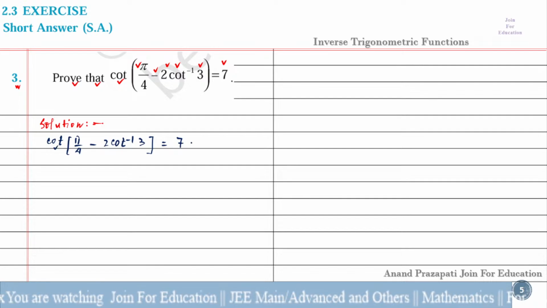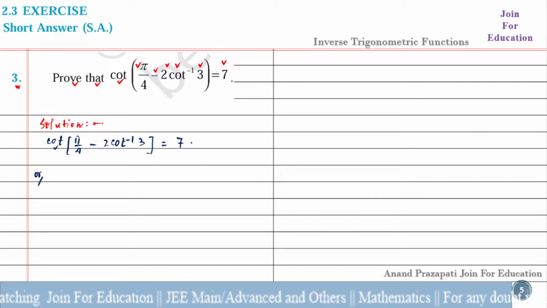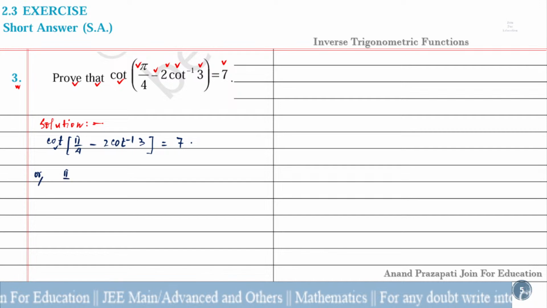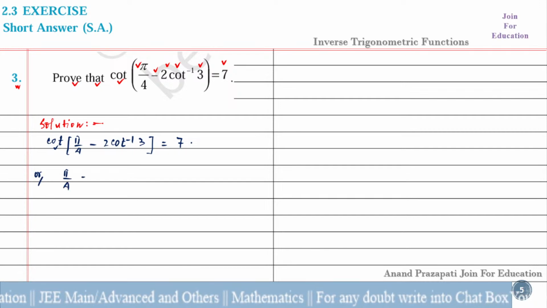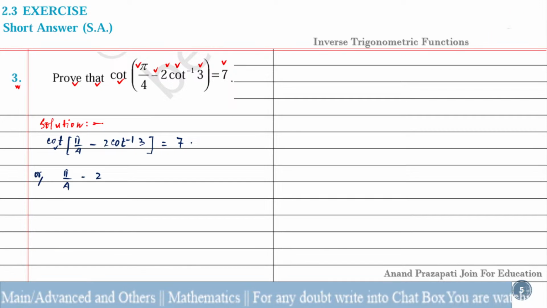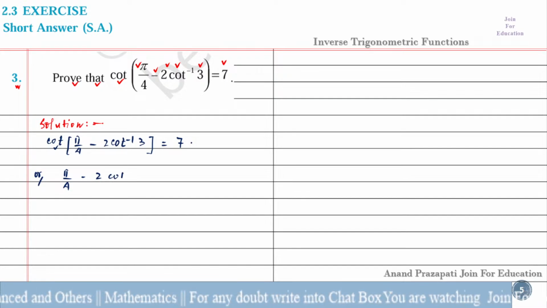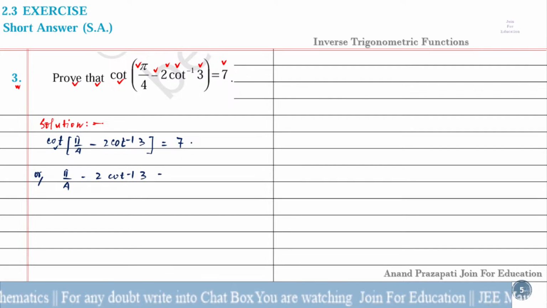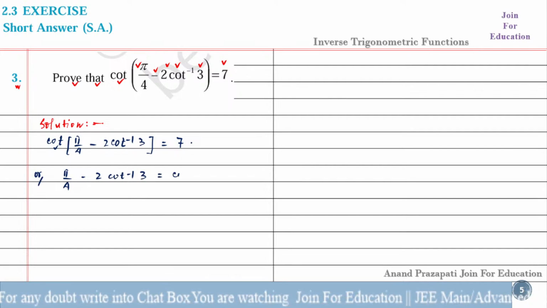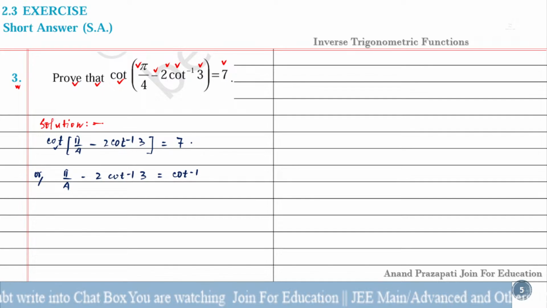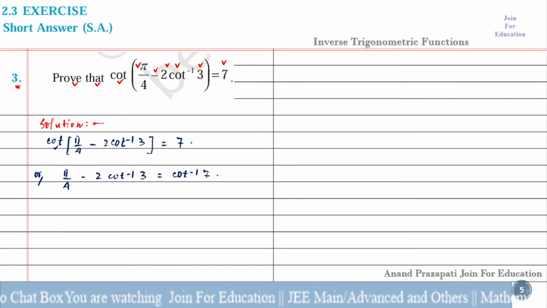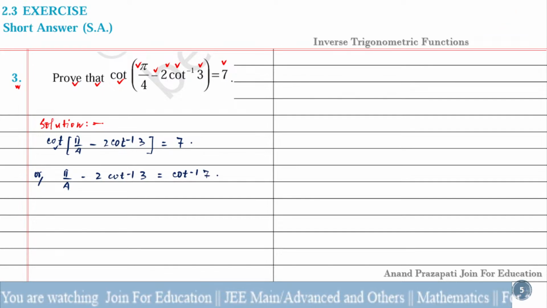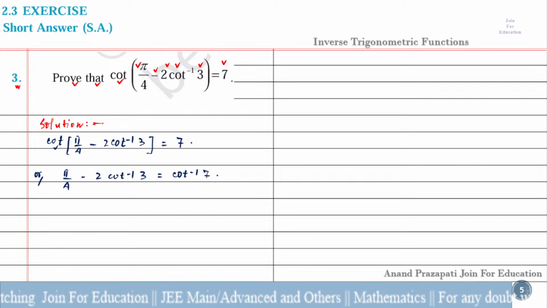When this cot moves to the right hand side, then we get pi by 4 minus 2 cot inverse 3 equal to cot inverse 7. There is no problem to understand up to this step.